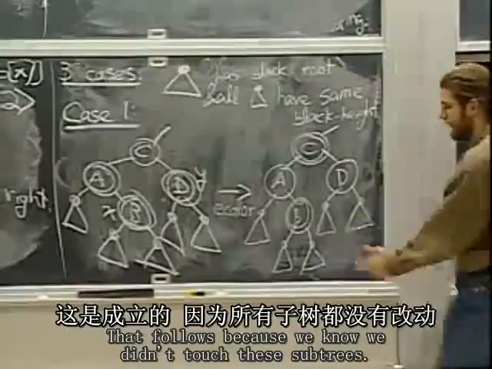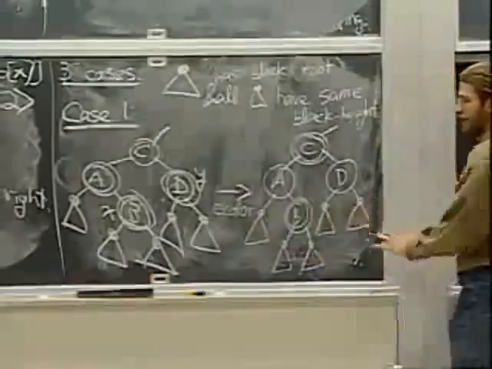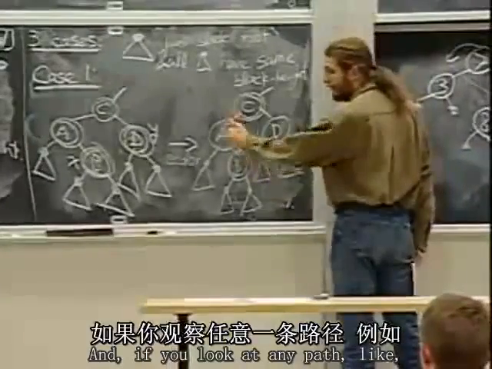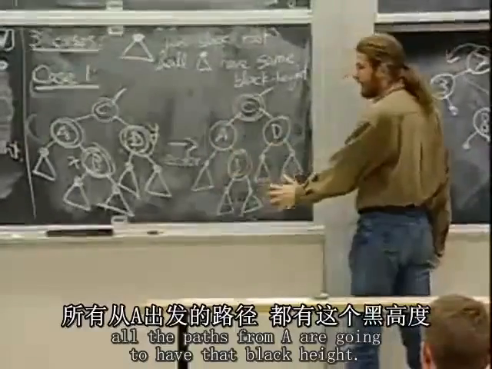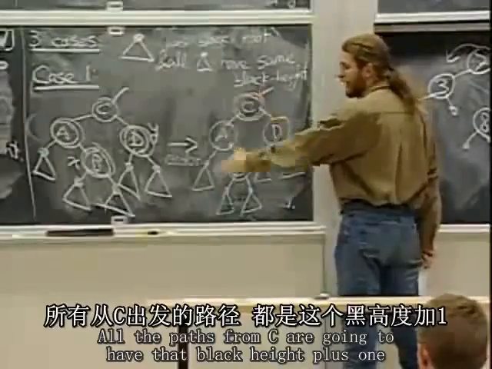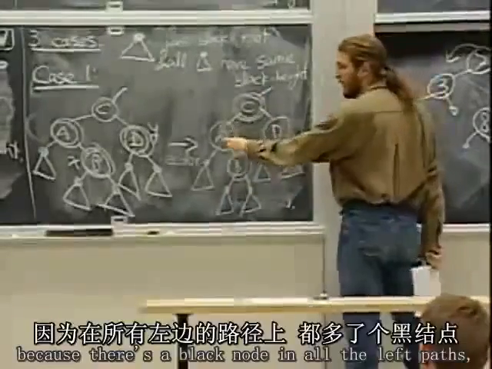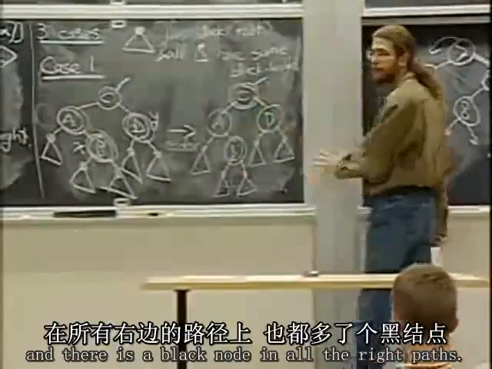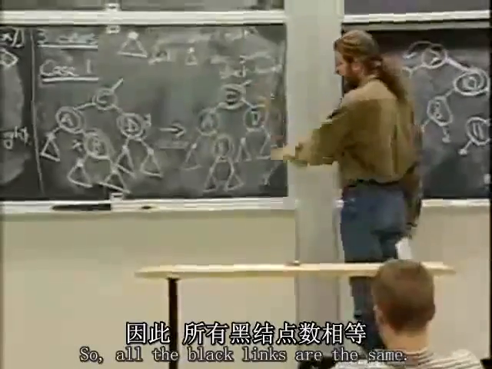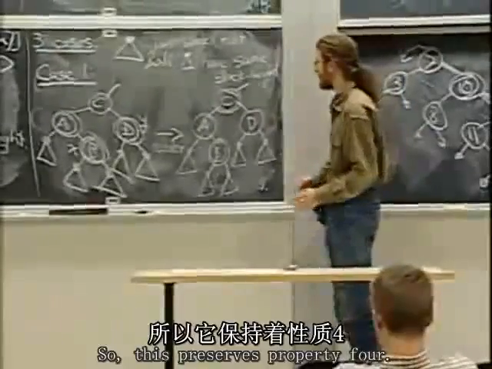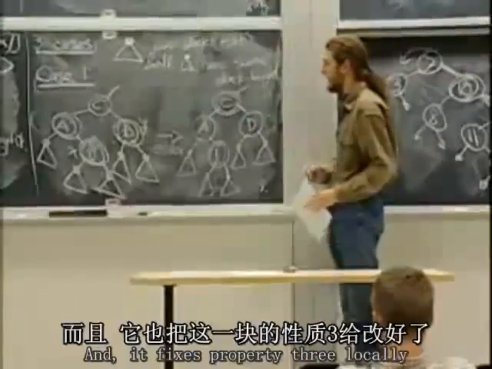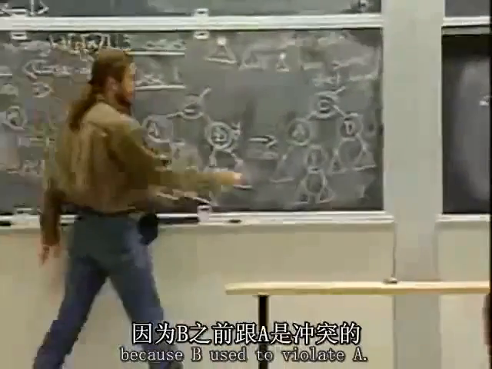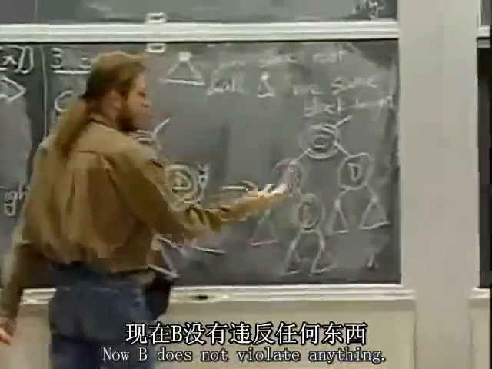That follows because we didn't touch these subtrees. They all have the same black height. If you look at any path, all the paths from A are going to have that black height. All the paths from C are going to have that black height plus 1, because there's a black node in all the left paths, and there's a black node in all the right paths. So all the black lengths are the same. So this preserves property 4. And it fixes property 3 locally, because B used to violate A. Now B does not violate anything.